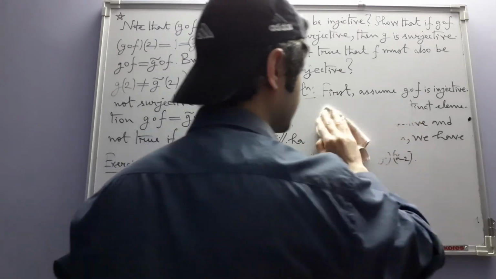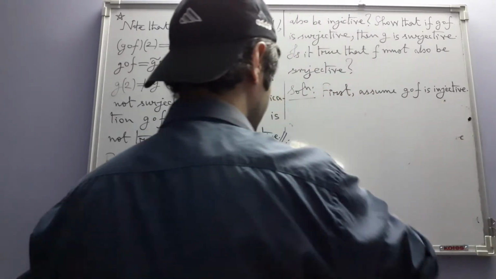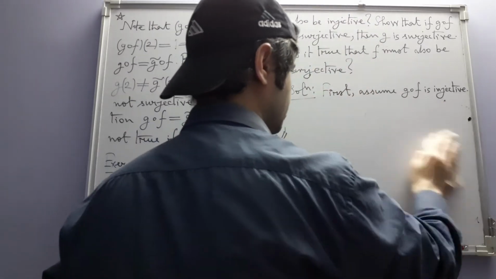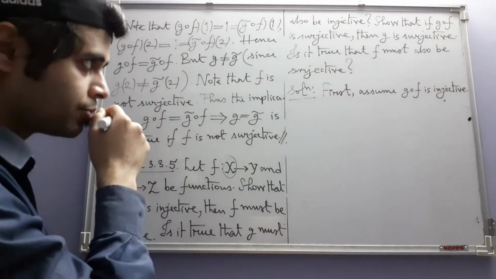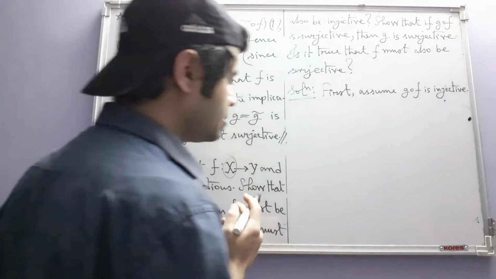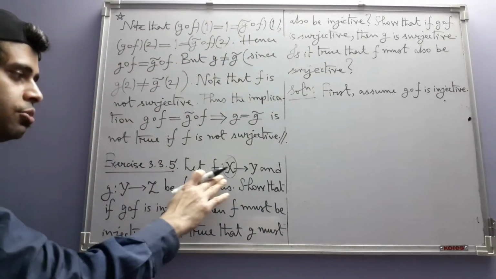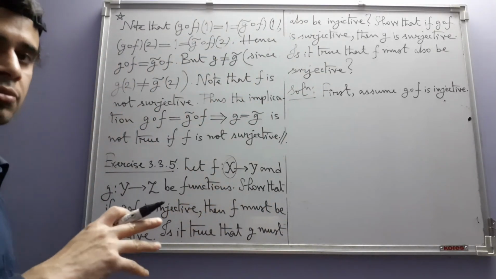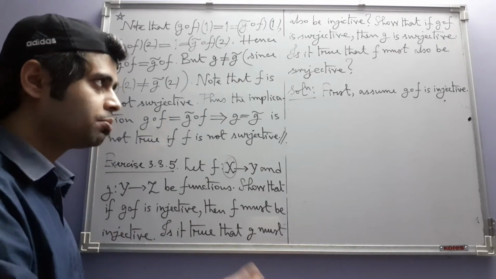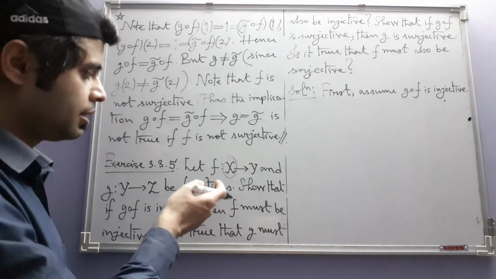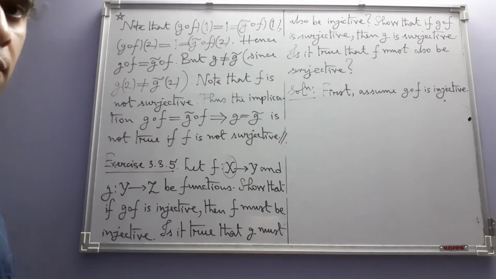No, not like that. Okay, let me change my strategy a little bit. I have to prove that f is injective. So instead of showing that two distinct elements in X have distinct outputs, I can show that if the outputs are equal, then the inputs must also be equal.